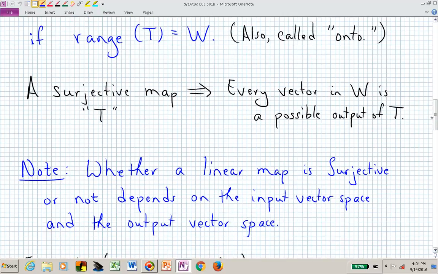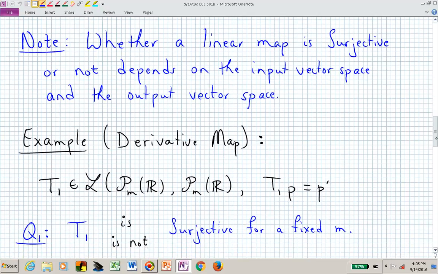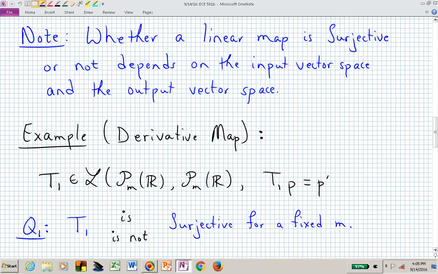It hinges on that. So here is a question. Let's remind ourselves of one linear map, the derivative map. I'm calling it T sub 1 because this is the first example. Let's say that the input vector space is the space of all polynomials of order m, and the output vector space is the same. V and W are the same.